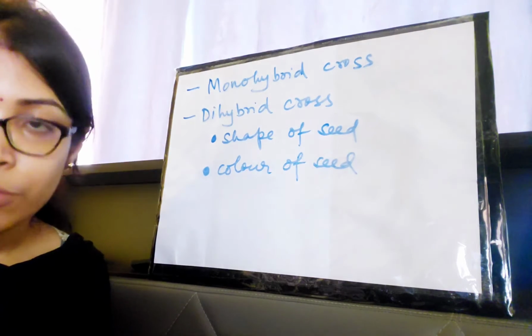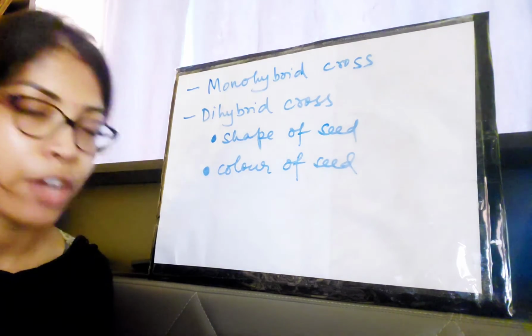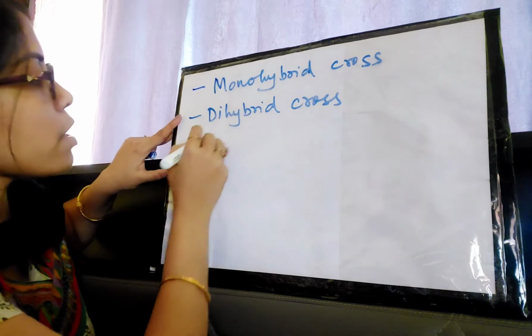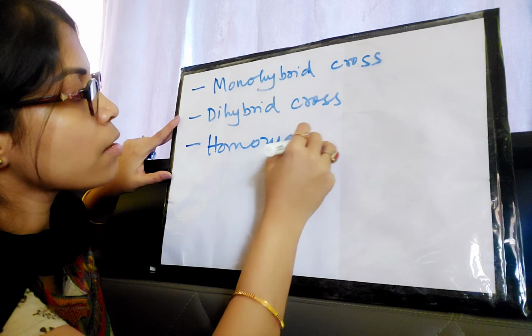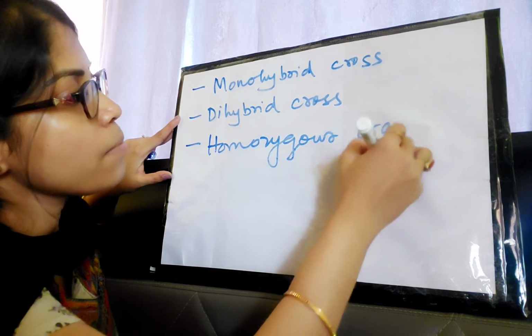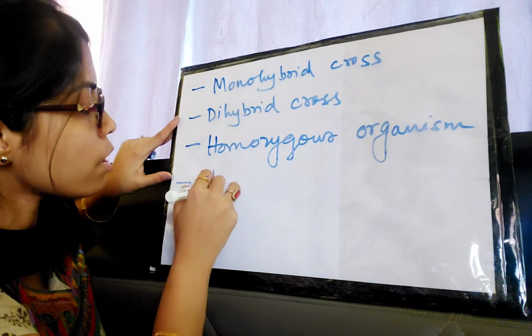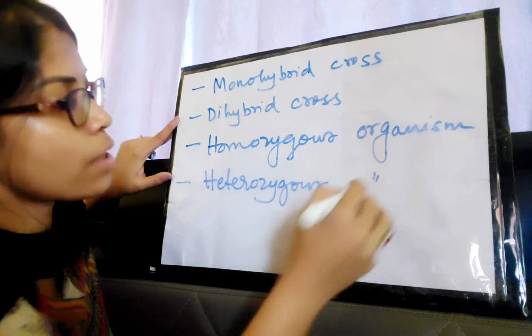Next we move on to two more important terms, which are homozygous organism and heterozygous organism. So the next term is homozygous organism and heterozygous organism.